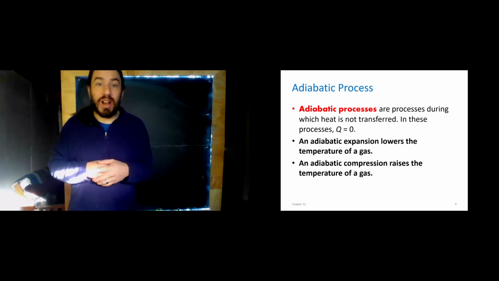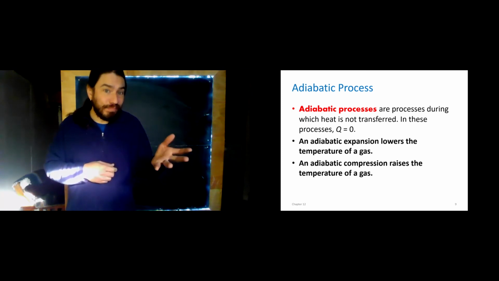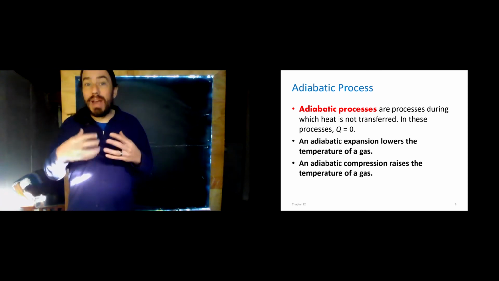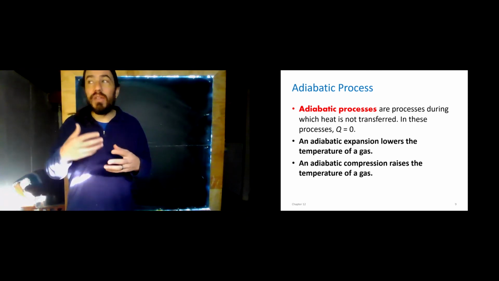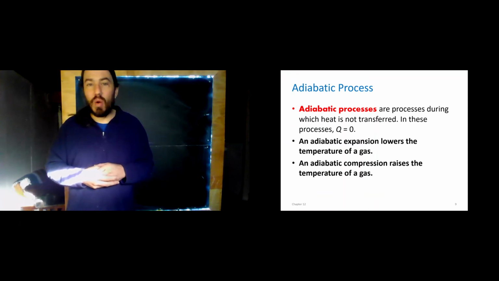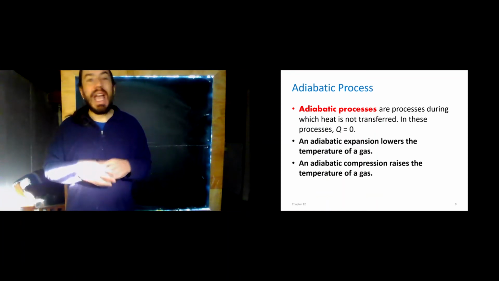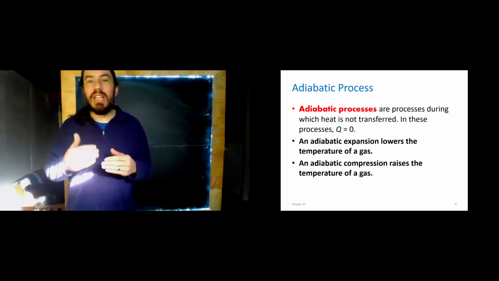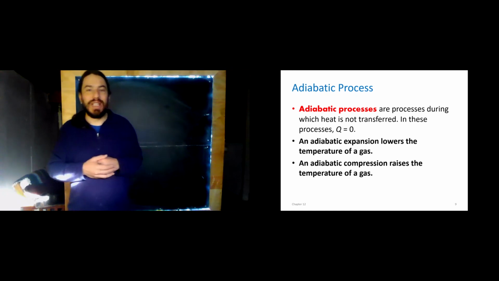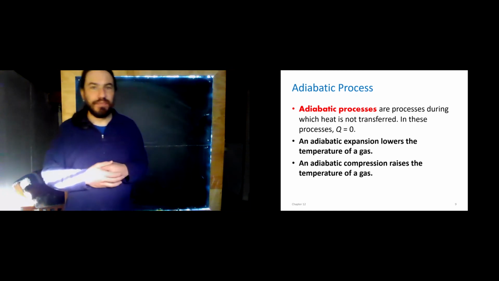In a later segment, we'll talk about mechanisms of heat transfer, but they all take a little bit of time. And so we can often model processes as adiabatic if they happen over relatively quick time scales. At any rate, adiabatic means Q equals 0. No heat is transferred into or out of the system.